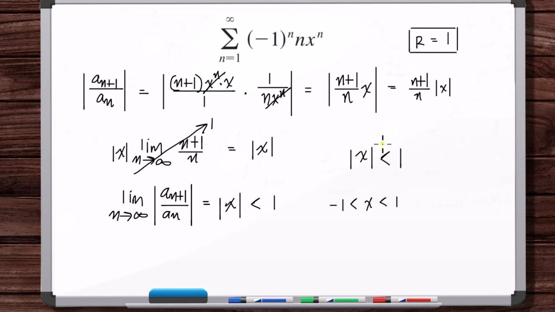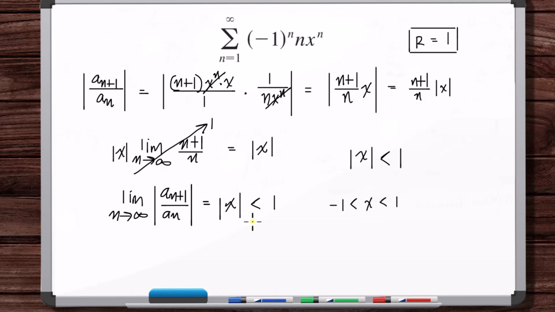Now, for the interval of convergence, we're not done yet, because maybe we have this, or maybe we have this, or maybe we have this, or maybe we just got this. So we need to test why we do not know what happens at the endpoints.